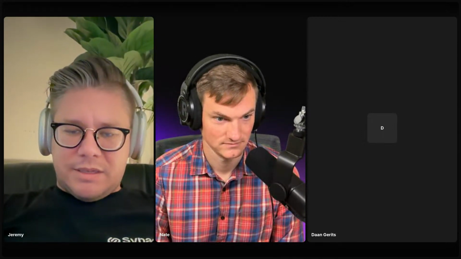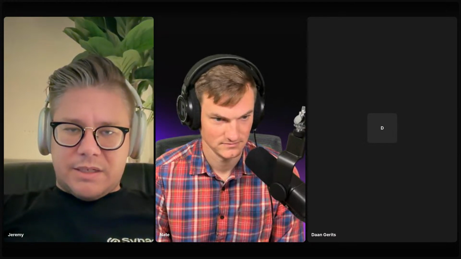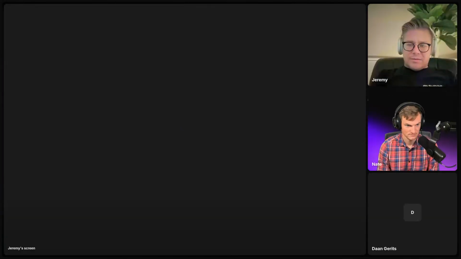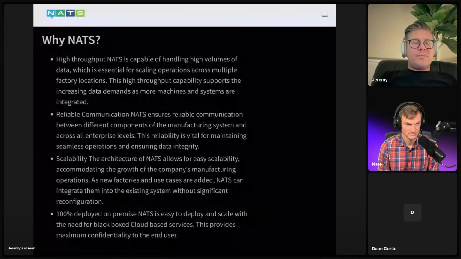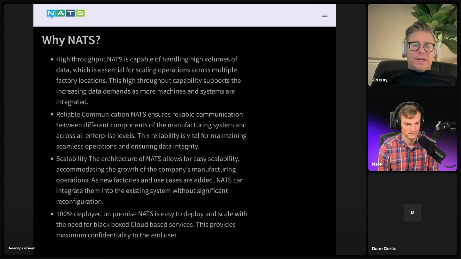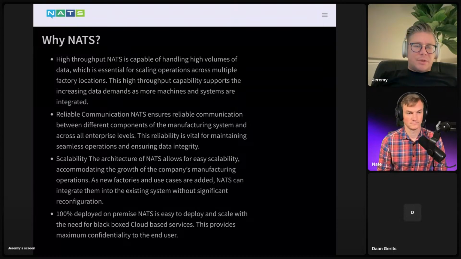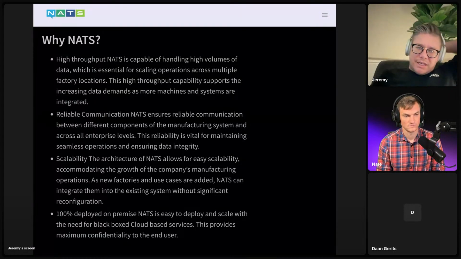But let's jump back over to that use case on real-time analytics. High throughput: NATS is capable of handling high volumes of data, which we just talked about, which is essential for scaling operations across multiple factory locations. This high throughput capability supports increased data demands as more machines and more systems are integrated.